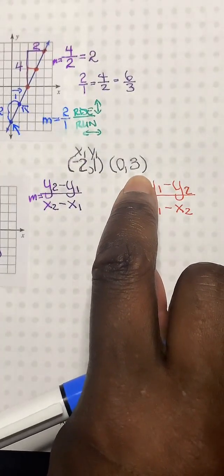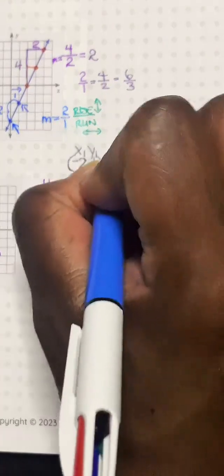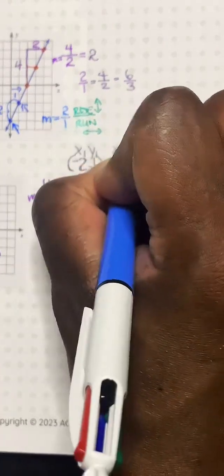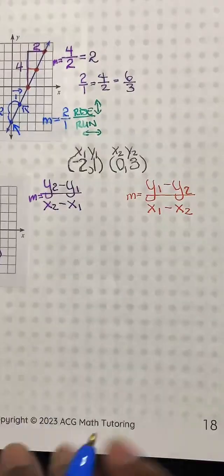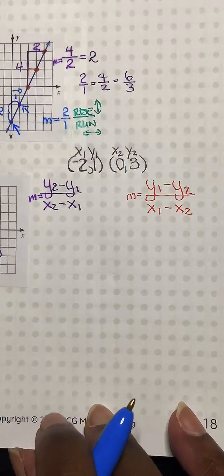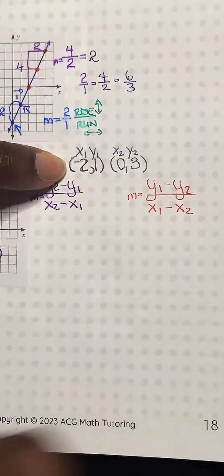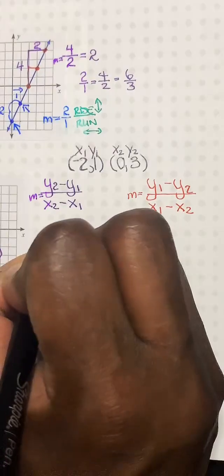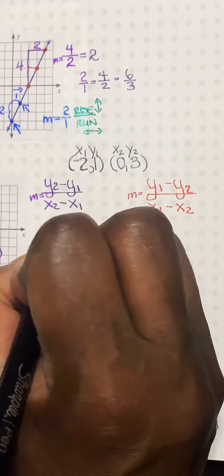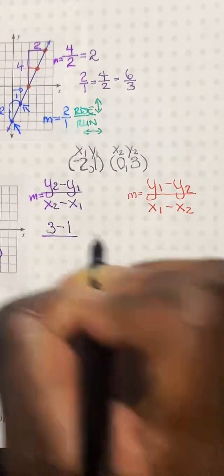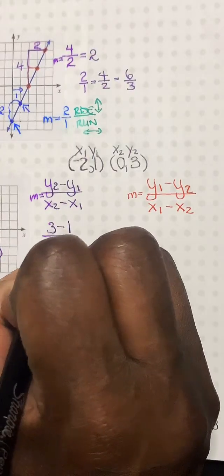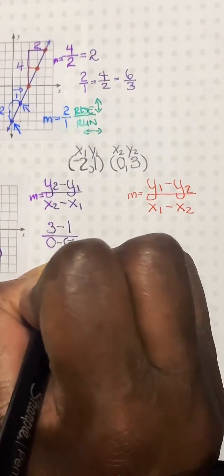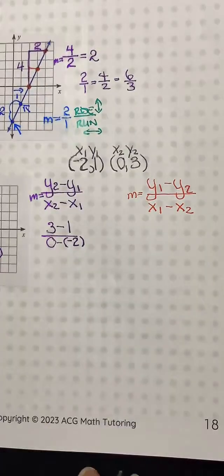Since this is the second point that we got, this is my x sub 2 and my y sub 2. Once we got that information, we're going to plug it into the formula. So your y sub 2, you have your 3 minus your 1 over your 0 minus a negative 2.